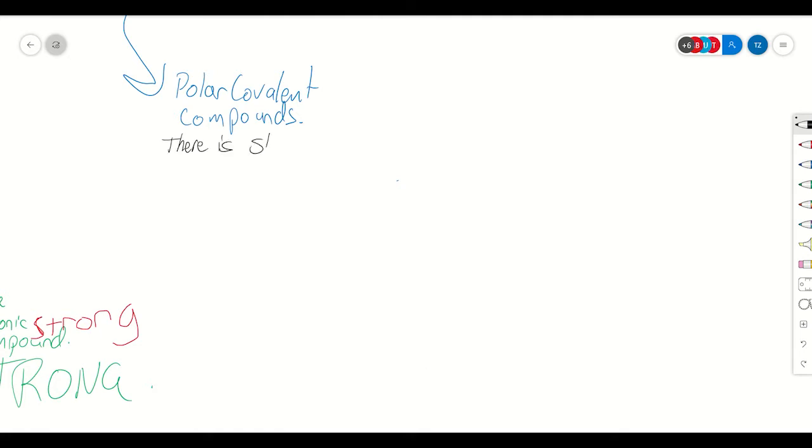there is still a difference, but it is not as massive as in ionic compounds.